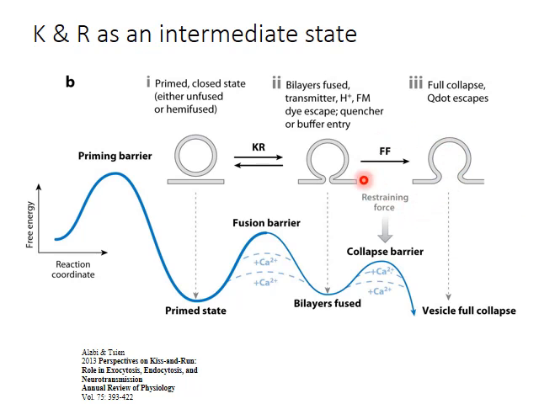If one thinks about kiss and run as a reversible state, then after the synaptic vesicle reaches the plasma membrane, it is resident there for a while, has at least one set of SNARE proteins to tether it to the membrane, and so it could be considered to be primed and docked.